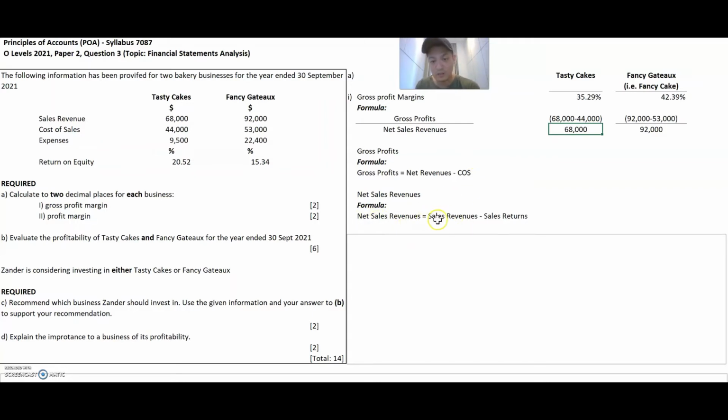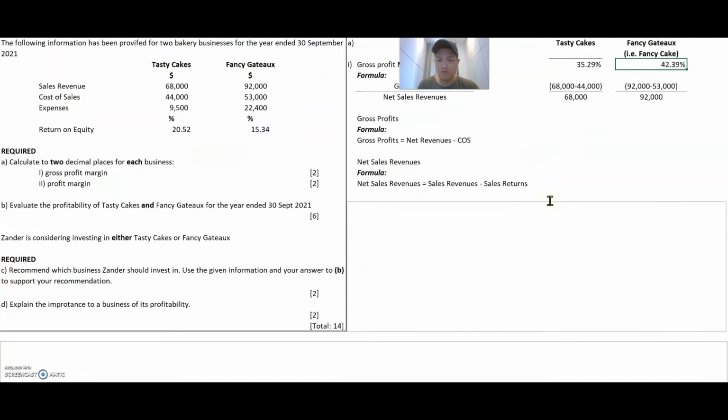I put in the formula here as well. And for Fancy Gâteau, it's 92 minus 53 and divided by 92. So it's a very simple, straightforward 2-mark question for gross profit margins, and you need to know the formula to get this.